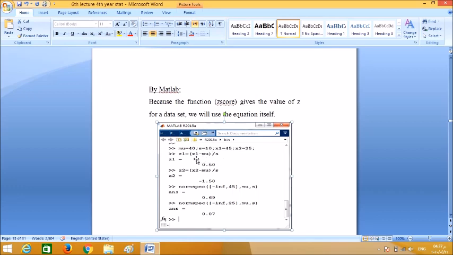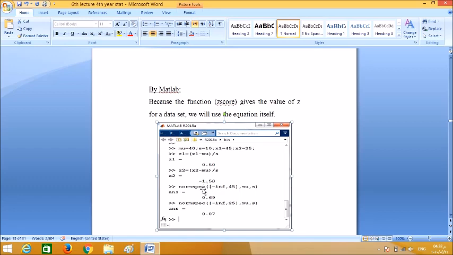So by calculator or by computer or by hand, z1 equals 0.5, and for x2, where x2 equals 25, z2 equals x2 minus mu divided by sigma, equals minus 1.5.